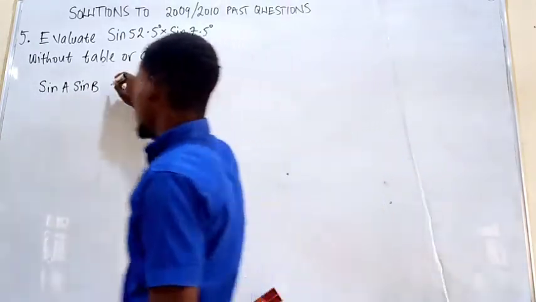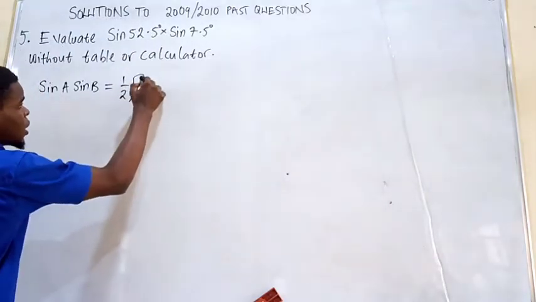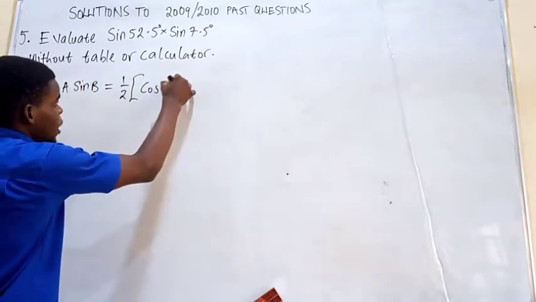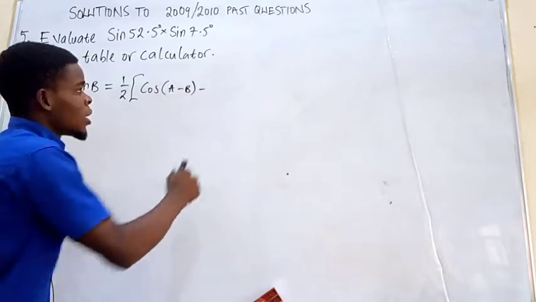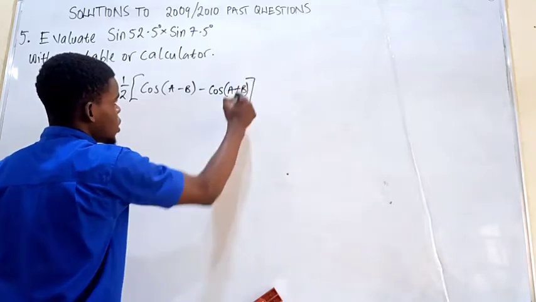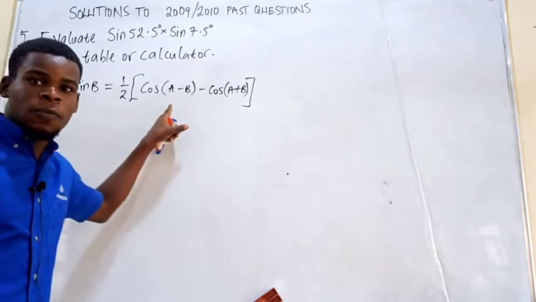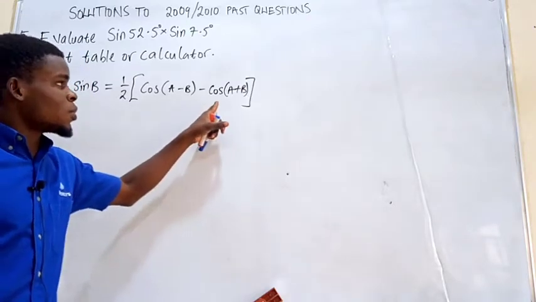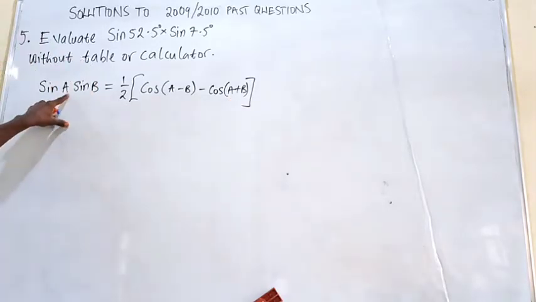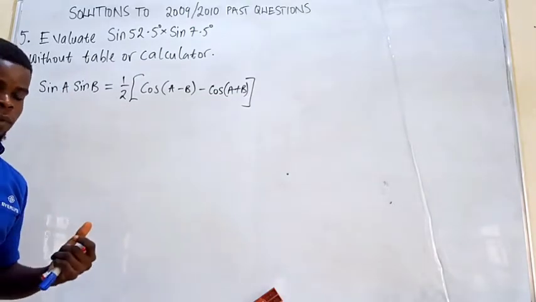So the trig identity for this is just equal to 1 over 2 times cosine of the first angle minus the second angle, A minus B, minus cosine of A plus B. So 1 over 2 of cosine of the first angle minus second angle minus cosine of the first angle plus the second angle, that is the same thing as the product of sine functions of different angles.